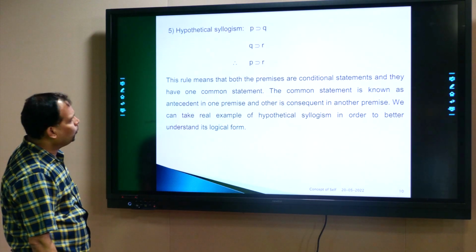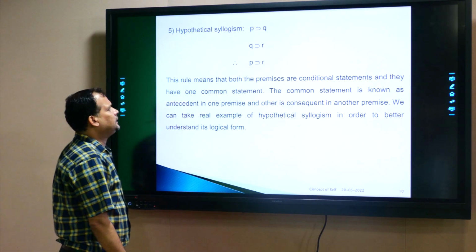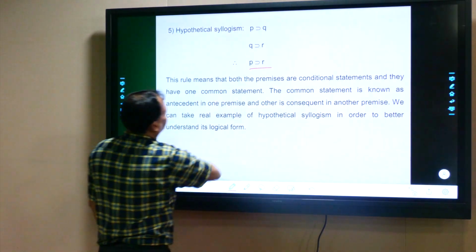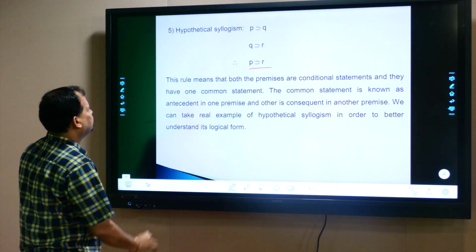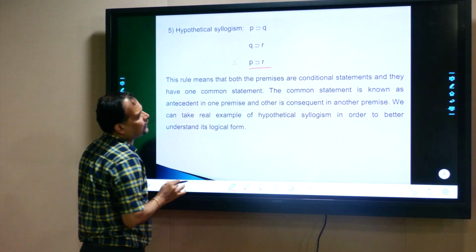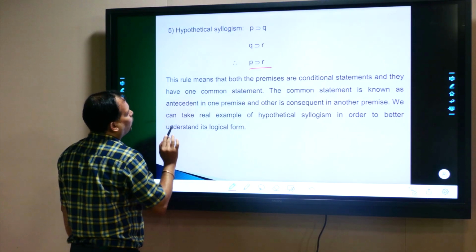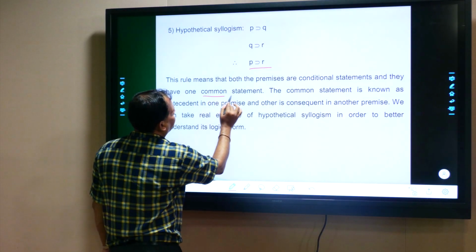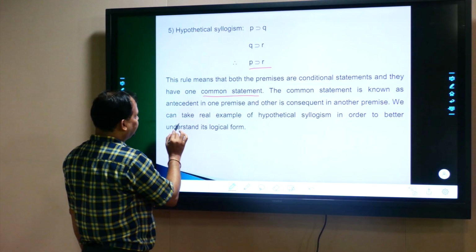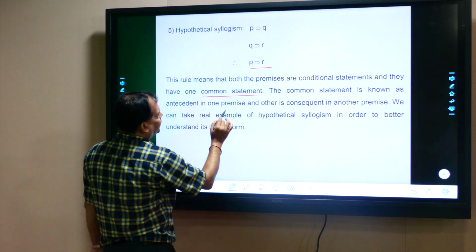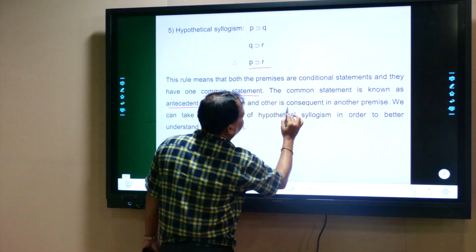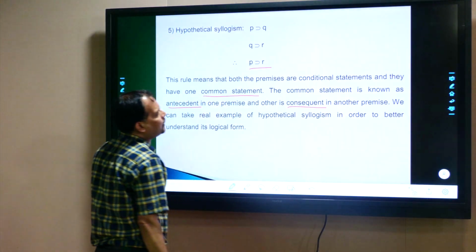P implies Q, Q implies R, therefore P implies R. This rule means that both premises are conditional statements and they have one common statement. The common statement is the antecedent in one premise and the consequent in the other premise.